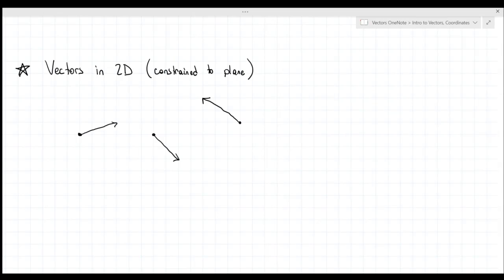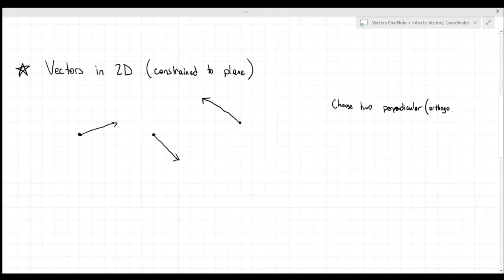So for vectors in a plane, what we can do is we can choose 2 perpendicular directions, and another word for perpendicular is orthogonal.